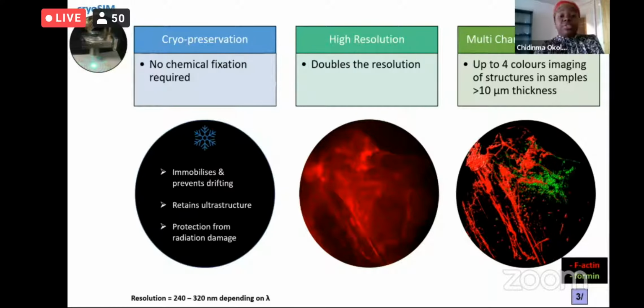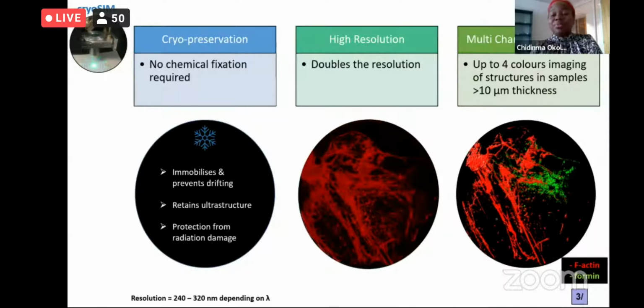Cryopreservation remains the gold standard of fixation of tissues or cells, in that, first of all, it retains the ultrastructure of these cells, keeps them in their near-native state and happy. By cryopreservation, we also protect the cells or organelles from radiation damage, either from the laser or from the X-ray, and at the same time achieve immobilization and prevent drifting while we are imaging our samples.